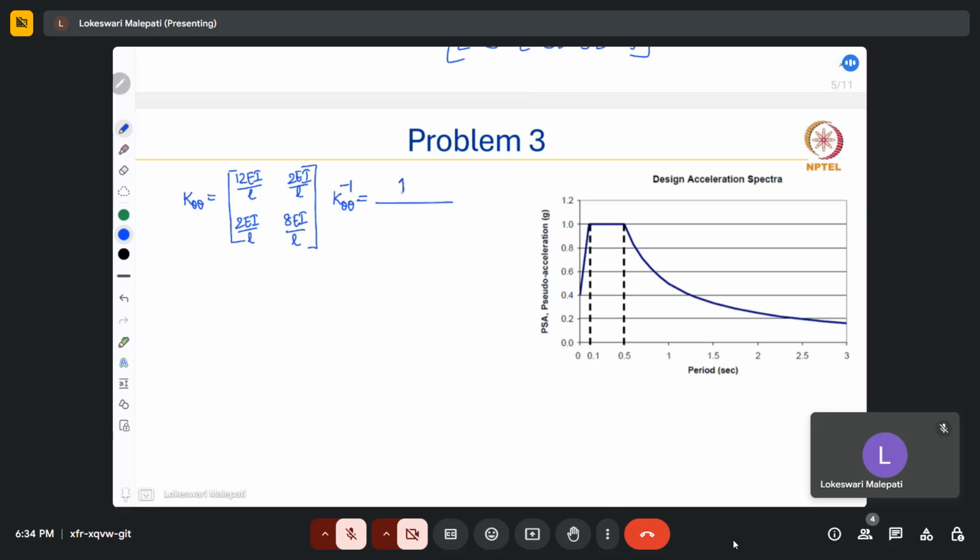So 1 by AD minus BC, that is, we have L by EI, 1 by 92 times 8 minus 2 and 12.